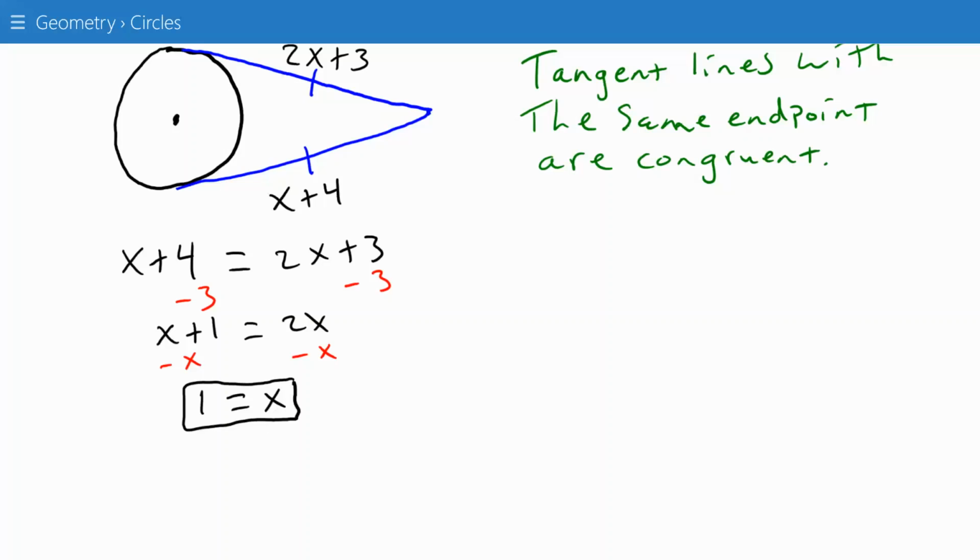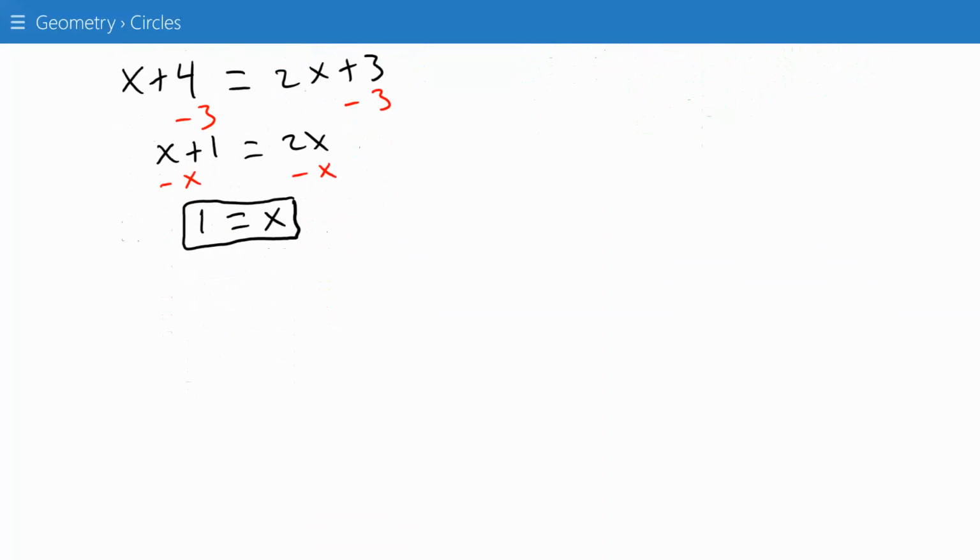Let's look at one other circumstance with a tangent line. This is going to mean drawing another circle. And again, we're going to have a couple tangent lines that we'll draw in blue that have the same endpoint.